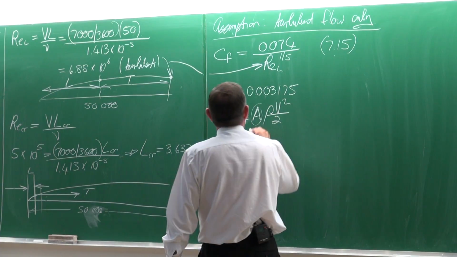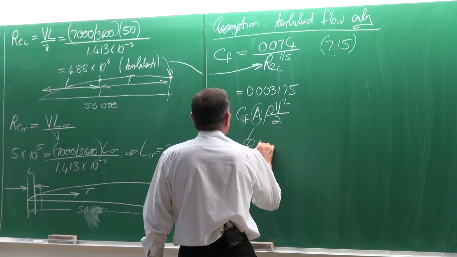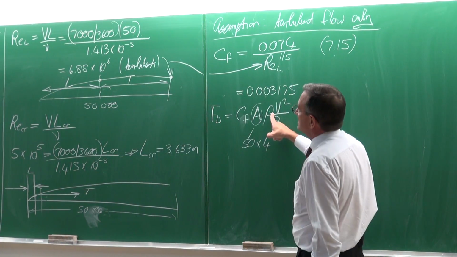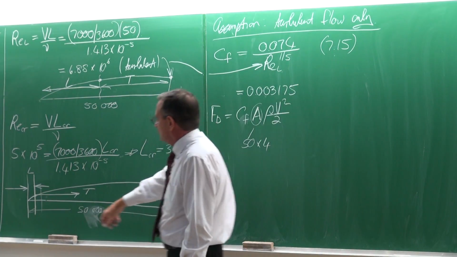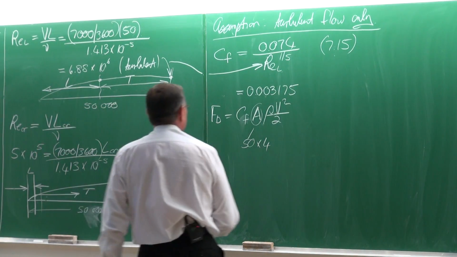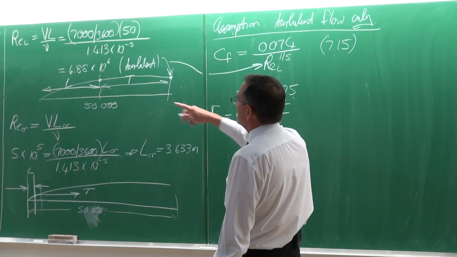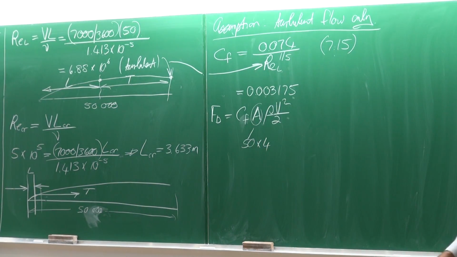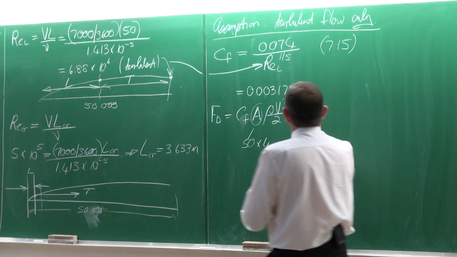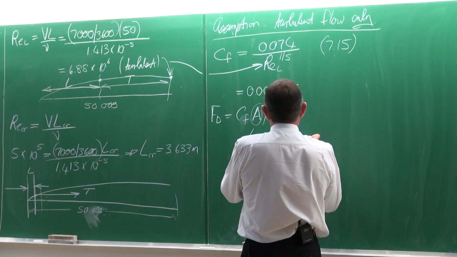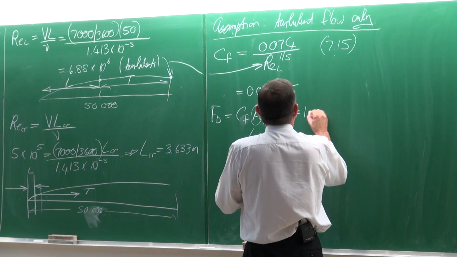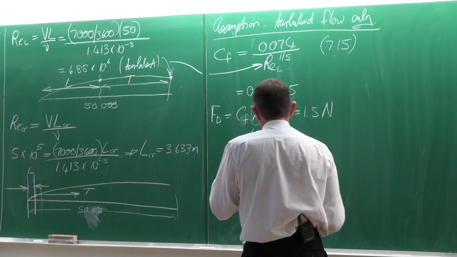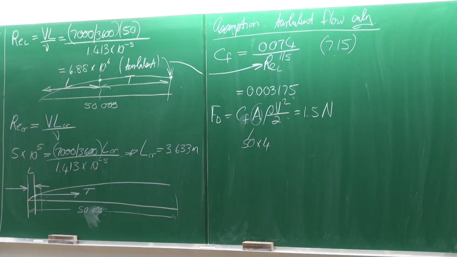The density is 1.25. The velocity is 7,000 divided by 3,600, squared, divided by 2. You can do the substitution yourself, and that works out as a small value of 1.5 newtons. Very small drag force.